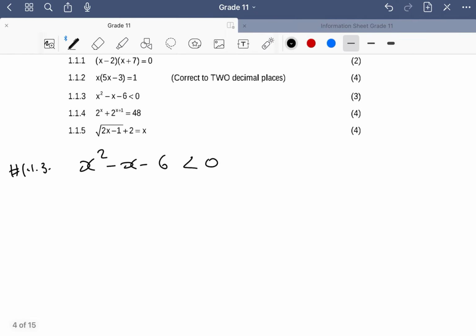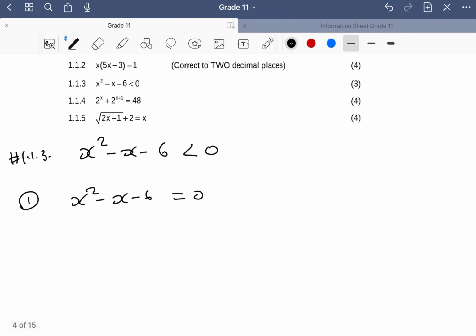So the first thing you need to do is solve for x as if it were an equal sign, firstly. Again, you use the quadratic formula, which says x is equal to minus b plus or minus the square root of b squared minus 4ac, divided by 2a.